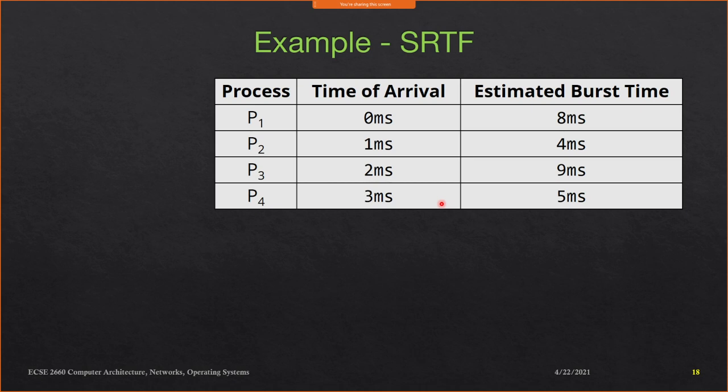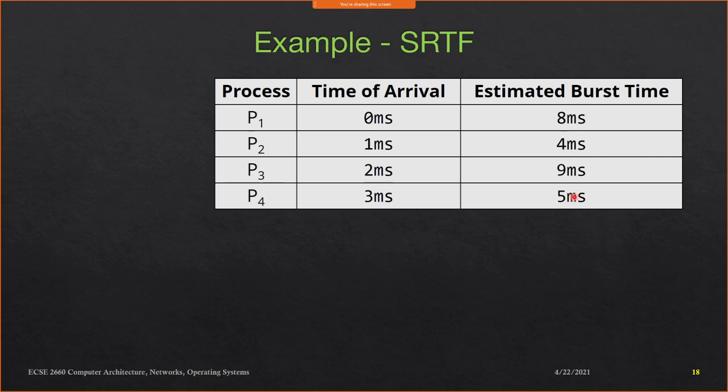We also have some data about the estimated burst times. This could be the moving average we talked about, based on half of the predicted value and half of real data, or whatever estimates about their burst times: 8 milliseconds for P1, 4 for P2, 9 for P3, and 5 for P4.